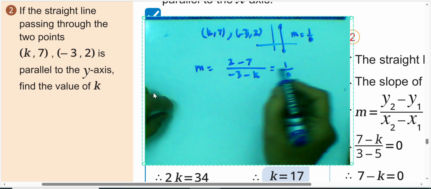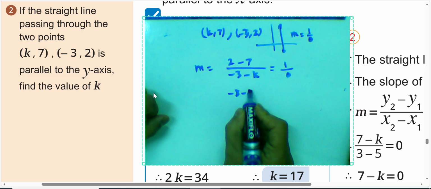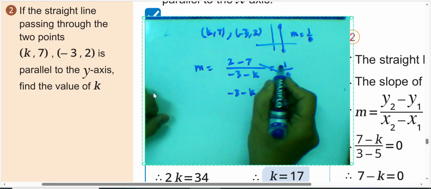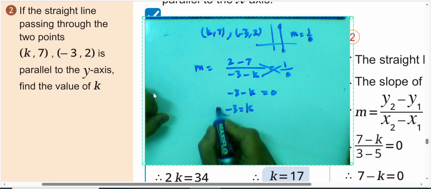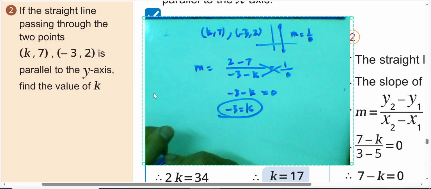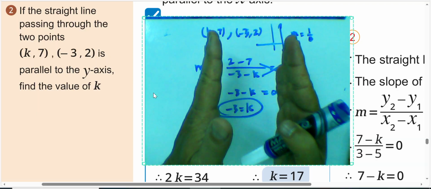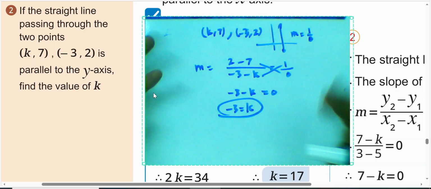We can make the product of extremes equal to the product of means, and negative 3 minus k will be equal to 0. Then the value of k equals what? k will be equal to negative 3. The value of k equals negative 3 because it's parallel to the y-axis, which means the slope will be undefined.